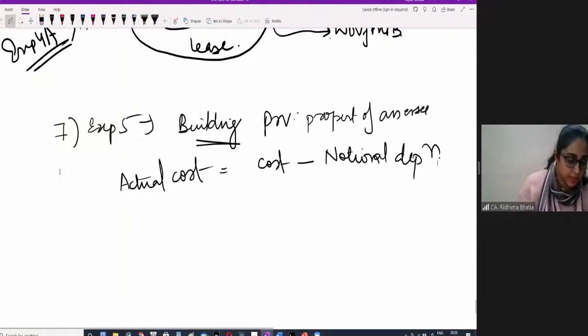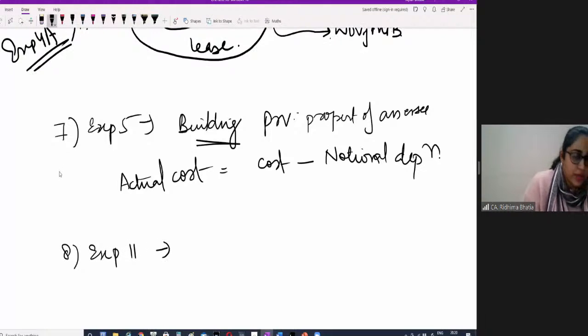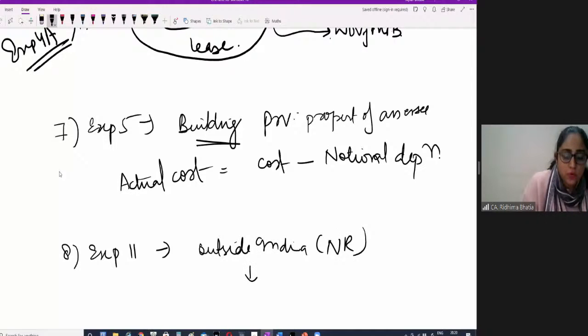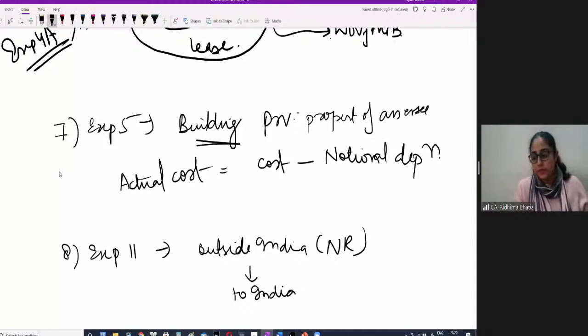On exactly the same lines, there is explanation 11. When you acquire an asset outside India, when you were a non-resident, and now you have brought that asset to India. You were actually living in Australia and you brought this plant and machinery, a currency counting machine. Okay, you were non-resident then.